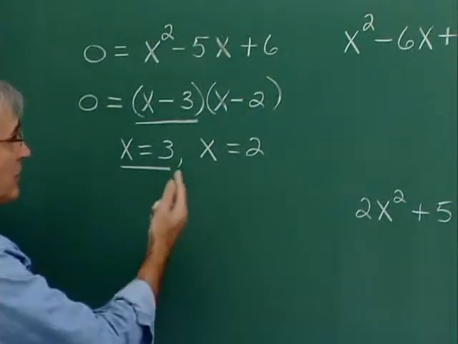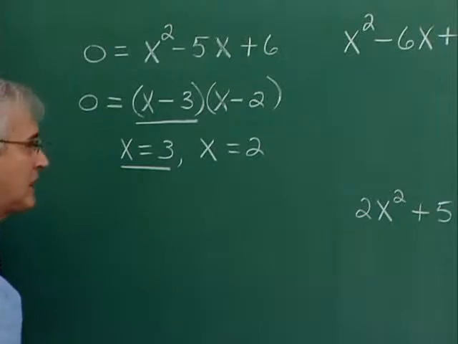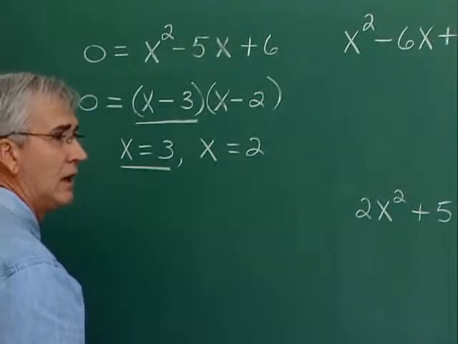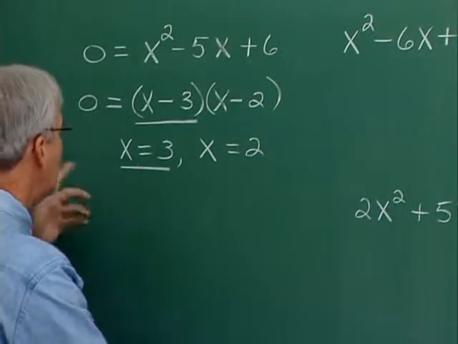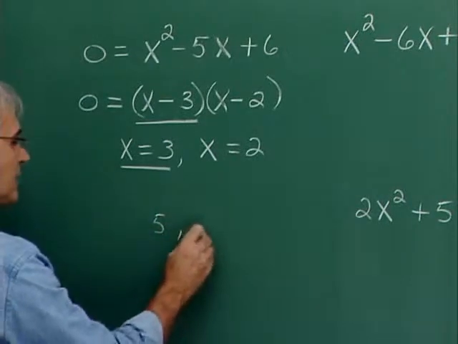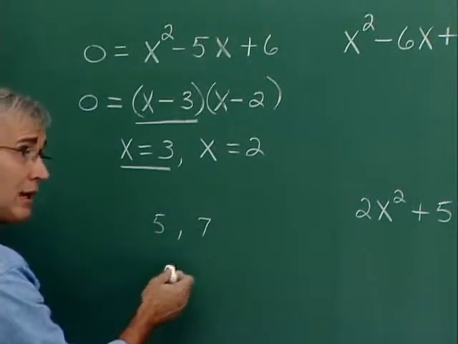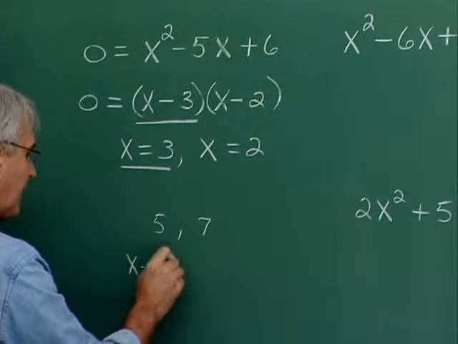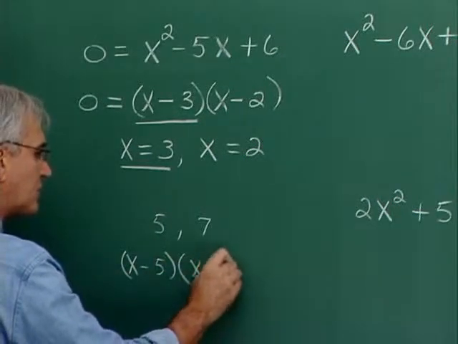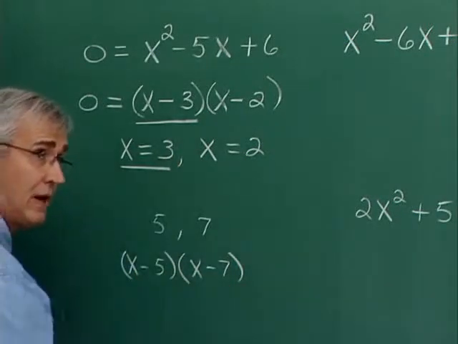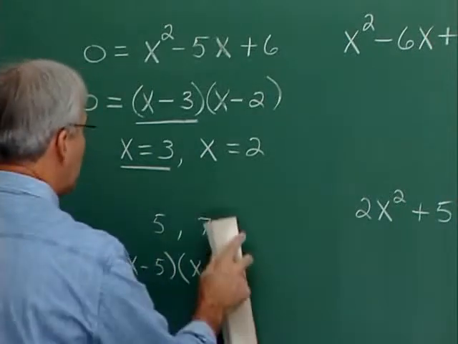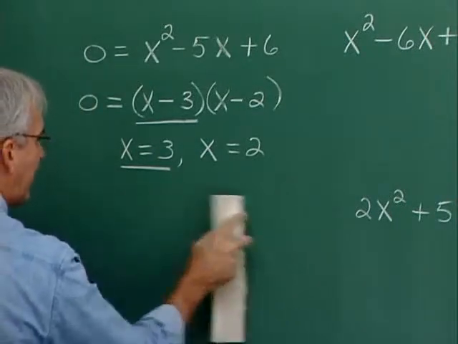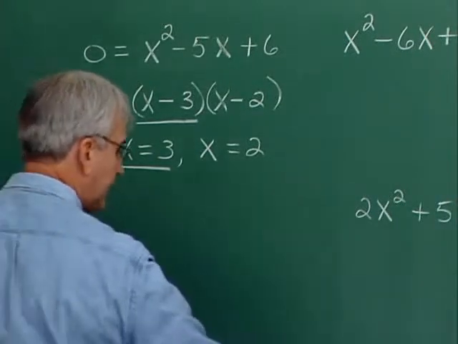And using that idea is the way that teachers a lot of times will make up tests. If you want your solutions to be, let's say, 5 and 7, then you make a polynomial that is x minus 5 times x minus 7 and set it equal to 0, and you've got a problem to solve. Anyway, the relationship between factors and zeros is what I'm trying to point out here.